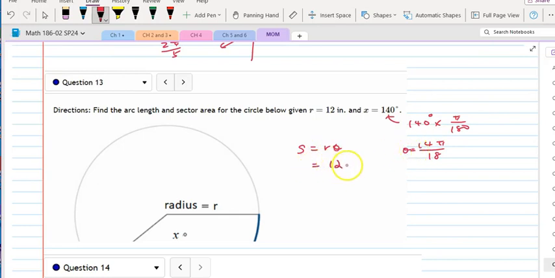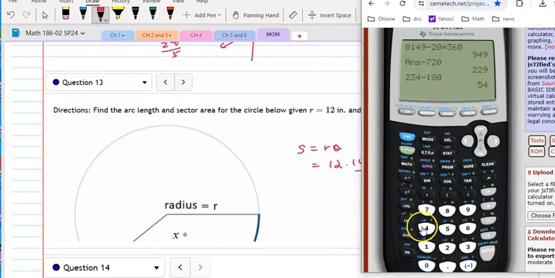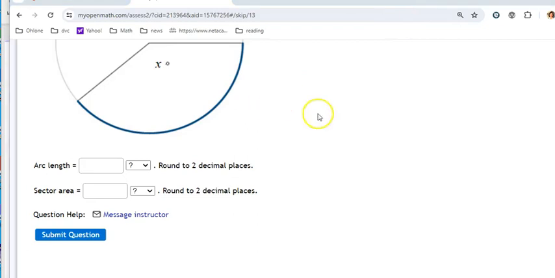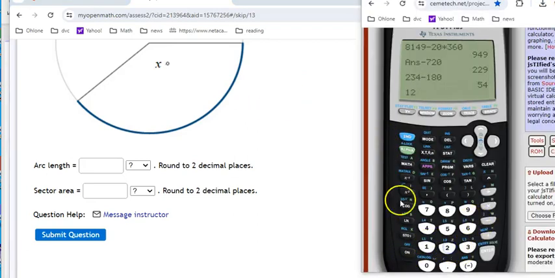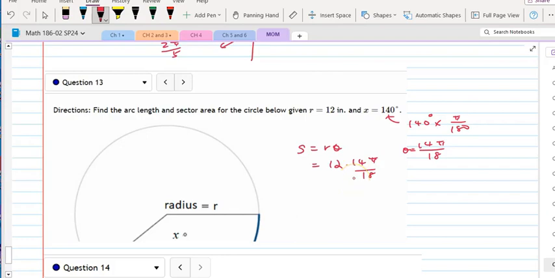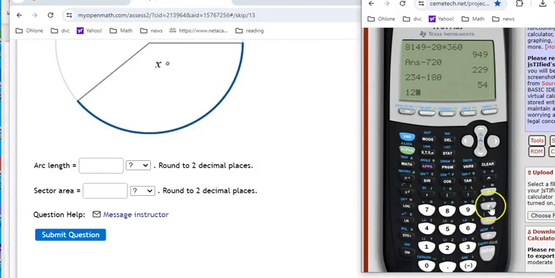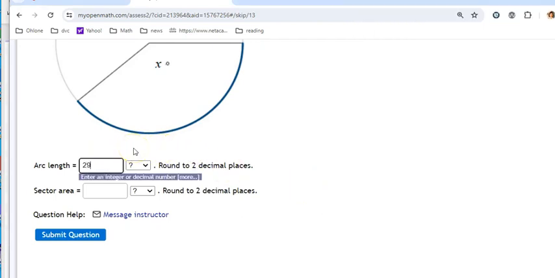So S would equal 12 times 14 pi over 18. What do they want in terms of 2 decimal places? 12 times 14 times pi divided by 18. 29.32. Is it inches? Inches.